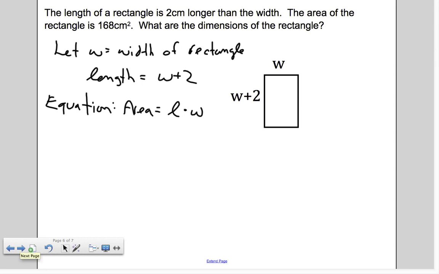Length times width. Well, we know that length is really w plus 2 times w. That's how we calculate the area. Take the length times the width. What is the area of the rectangle? 168. Thank you. 168.